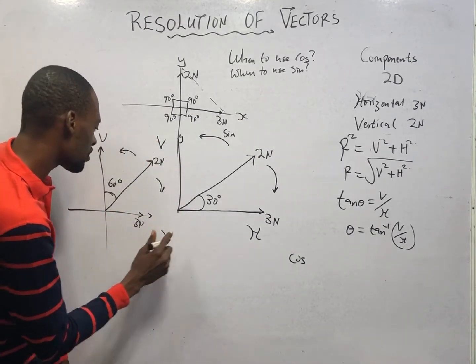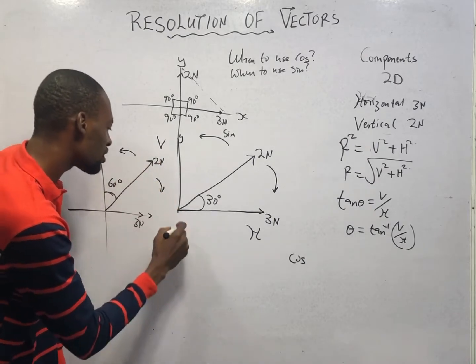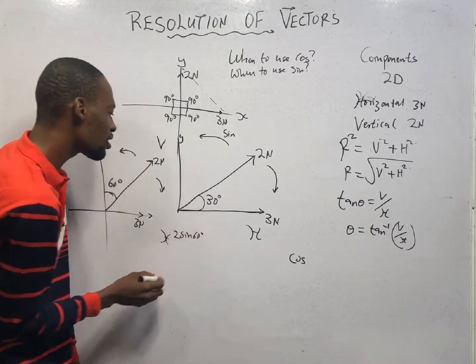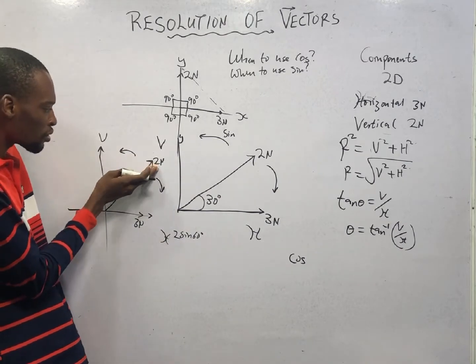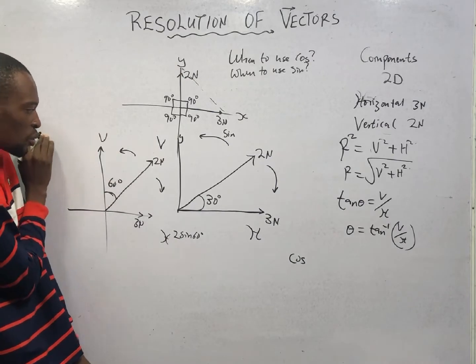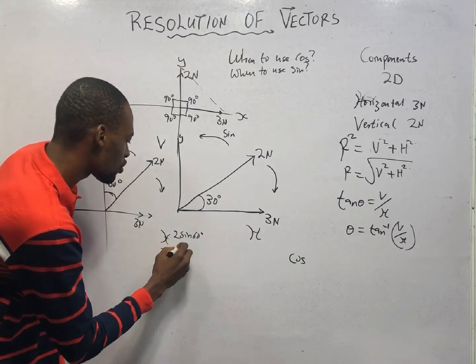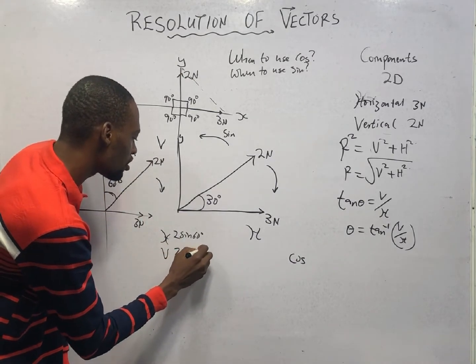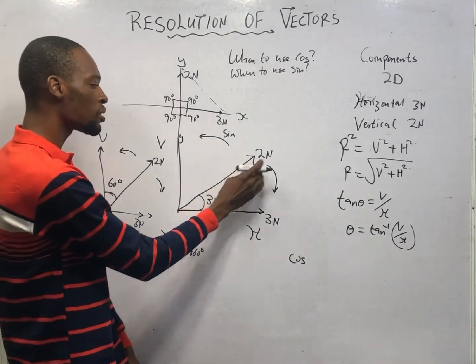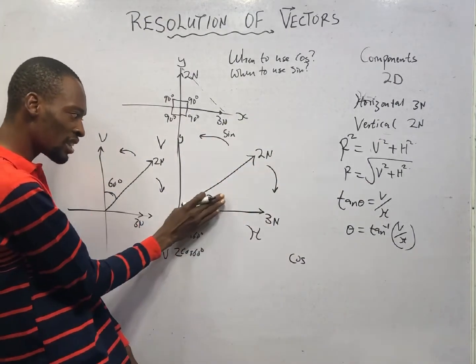So to the horizontal, this particular component is 2 sine 60 degrees. This particular force to the vertical, you are pushing it here, you are closing the angle. It is 2 cos 60 degrees. Here, this 2 Newton force to the horizontal, we are closing the angle.